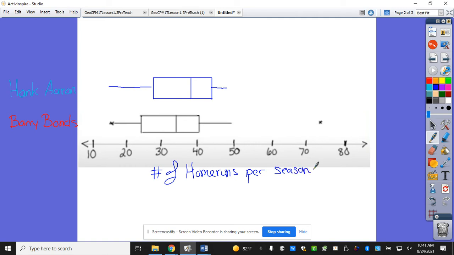But I think the problem should have told us that part. And then I would probably do box plot of home runs per season for Hank Aaron versus Barry Bonds.